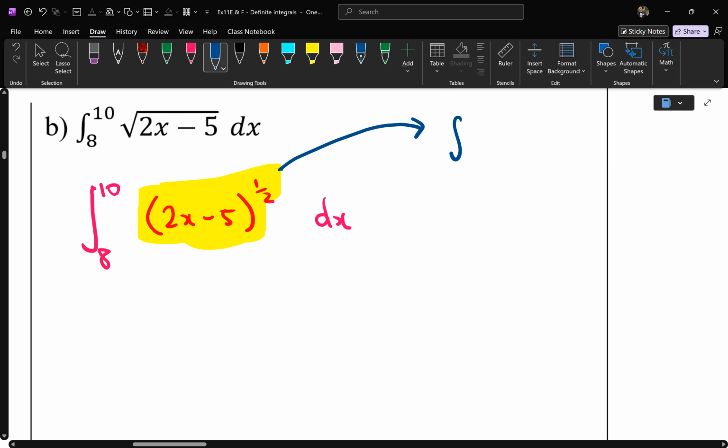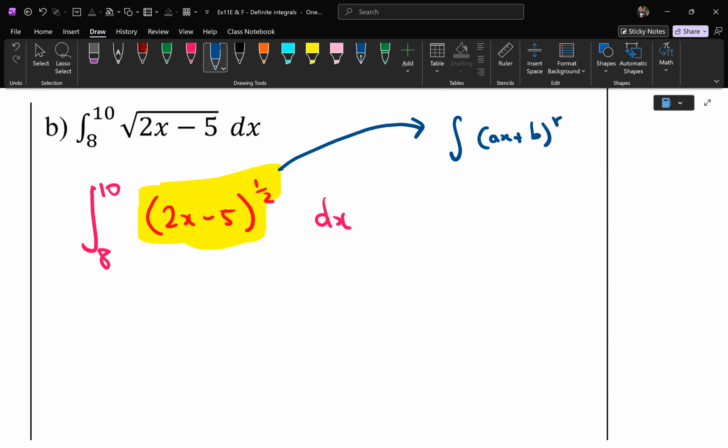So antiderivative of ax plus b to the power of r, as long as r is not equal to -1, so it doesn't end up in that log thing that I was talking about last week. And the rule says, since we've got the a in front of the x, remember chain rule, you would have found the derivative du dx and then times dy du.